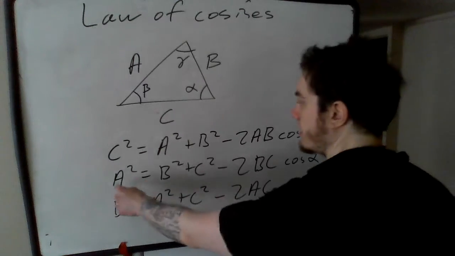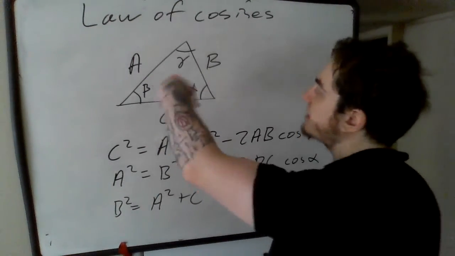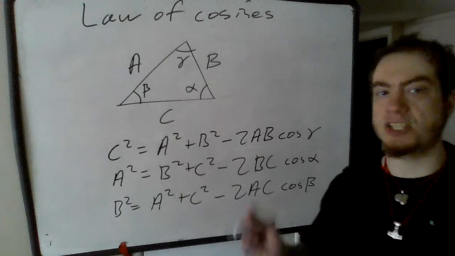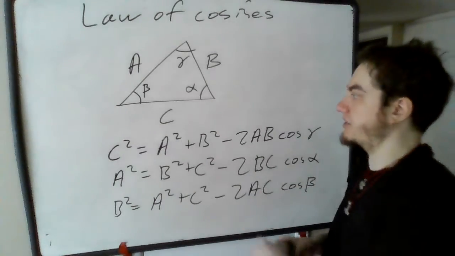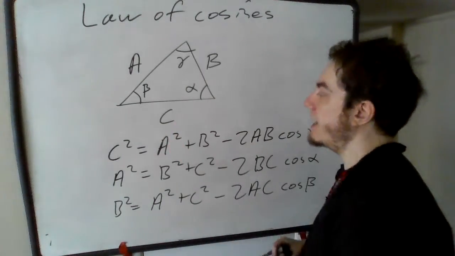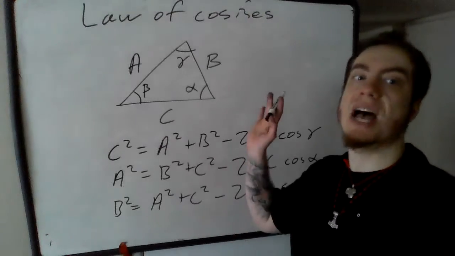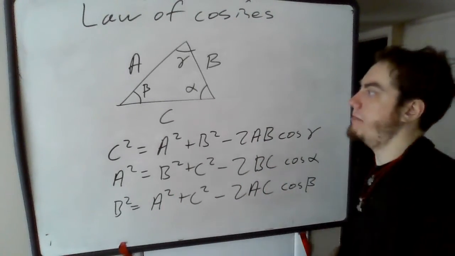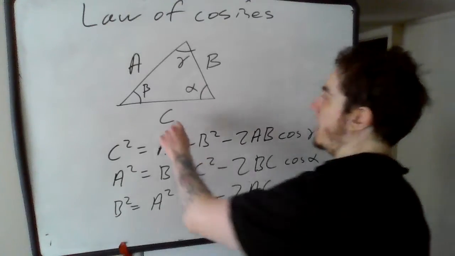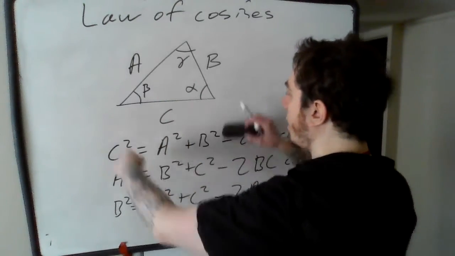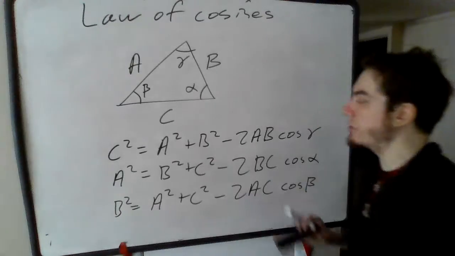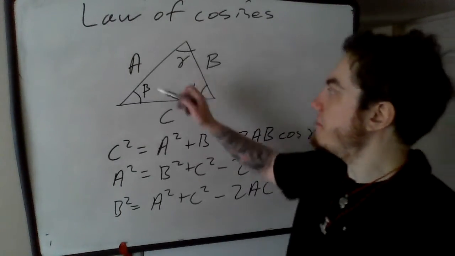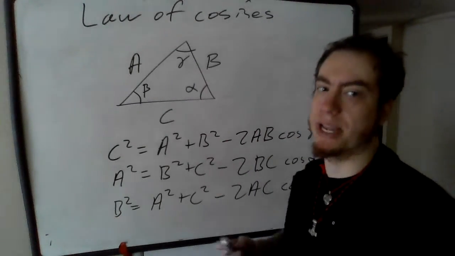The reason is because I could relabel these however I want to. This is not a special triangle like a right triangle. c is not the hypotenuse anymore. c is just some side of some triangle. It's not anything special. It's not picked out in any way. So if I just relabeled these, in the new labeling I would get one of these formulas. But it doesn't matter how I pick to label this triangle. It's true no matter what.